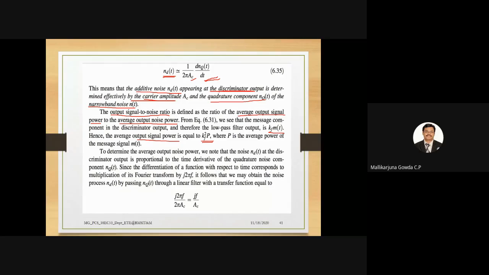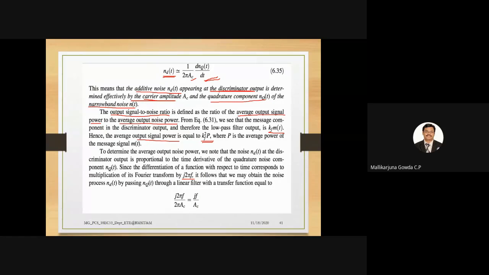The Fourier transform of the derivative of a signal, d/dt of x(t), will be equal to j2πf times that. So I am doing that here. d/dt of n_q(t) will be equal to j2πf, and the term 1 by 2πA_c is there.